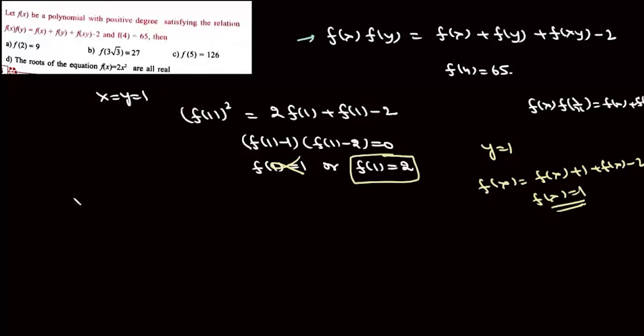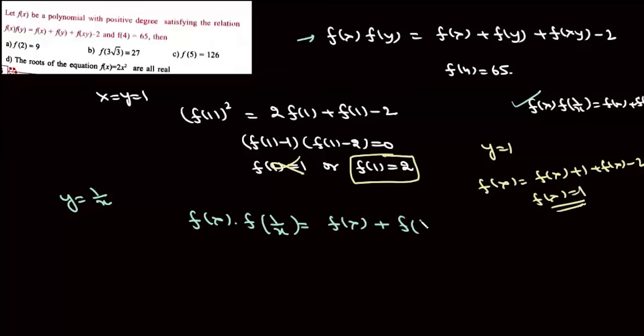Now in this given equation, we'll replace y with 1 by x to get it in its original form. So we'll write f(x) into f(1/x) is f(x) + f(1/x) + f(1) minus 2, and f(1) minus 2 is 0.